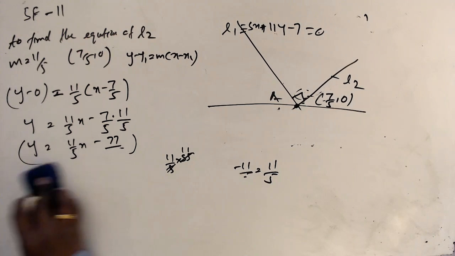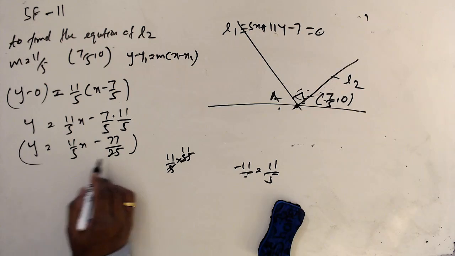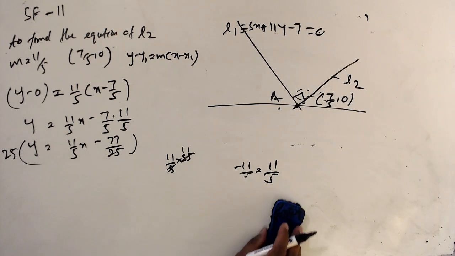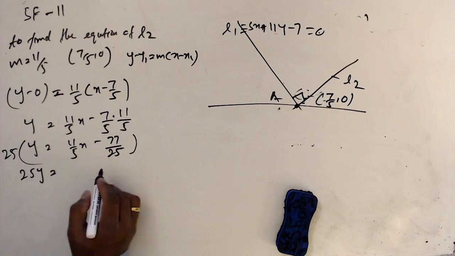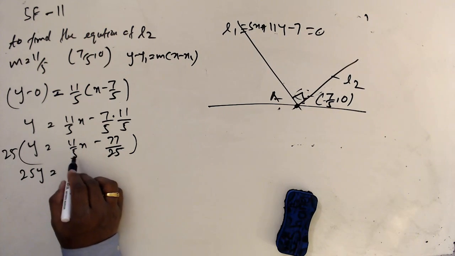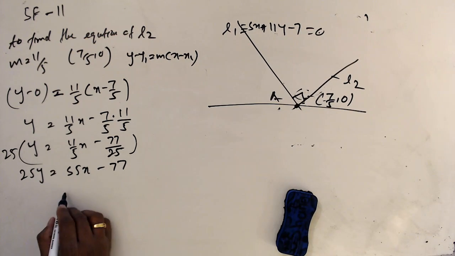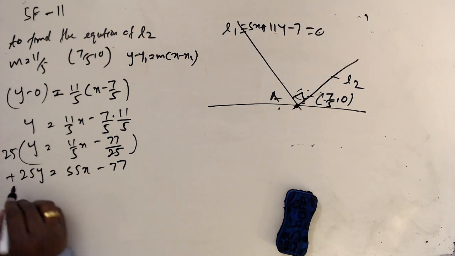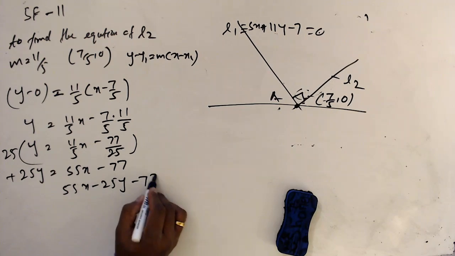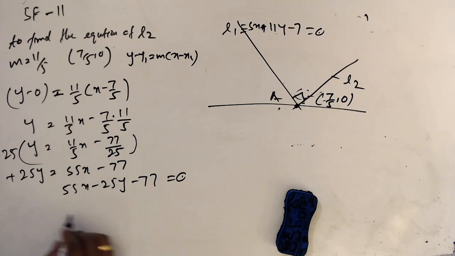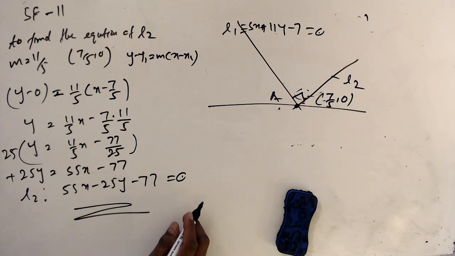It is 25. Then I multiply by 25. So 25y equals 55x minus 77. So I take the y to the other side. So 55x minus 25y minus 77 equals 0. So this is the equation of L2.